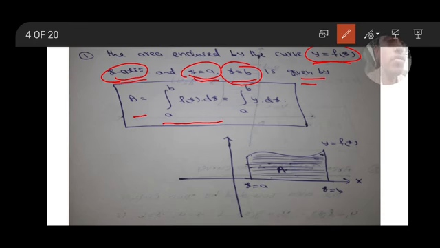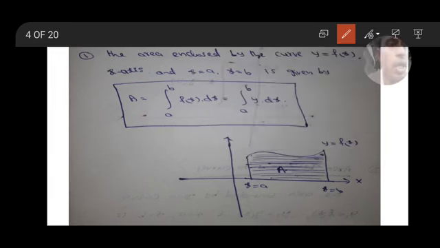F of x means y. So integration a to b y dx, or integration a to b f of x dx.